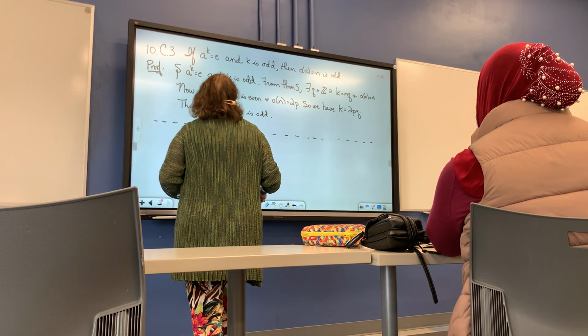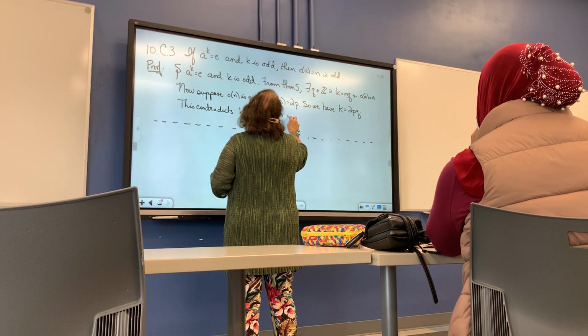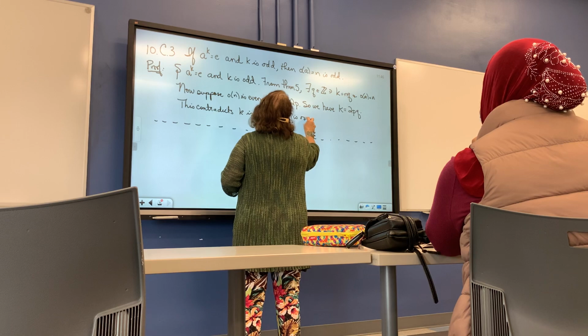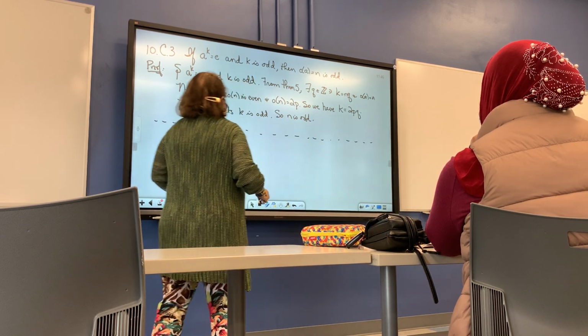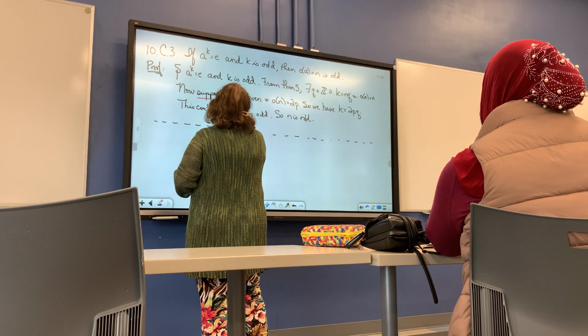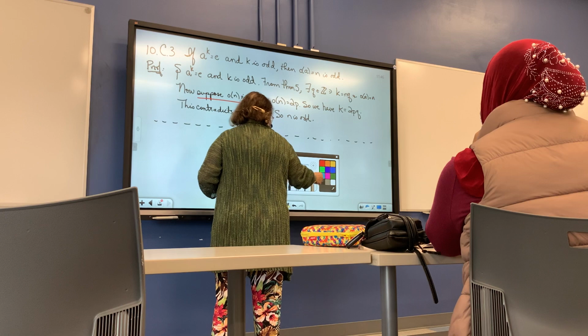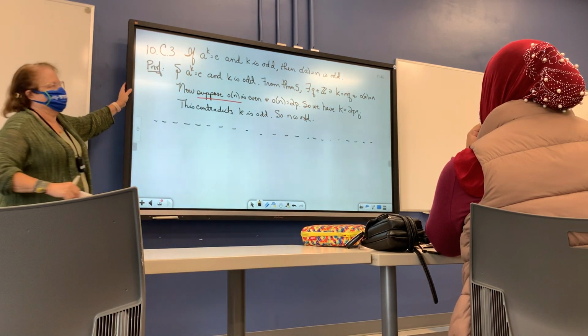So n is odd. We supposed n was even, and there's our supposition that led to a contradiction. So our supposition was wrong.